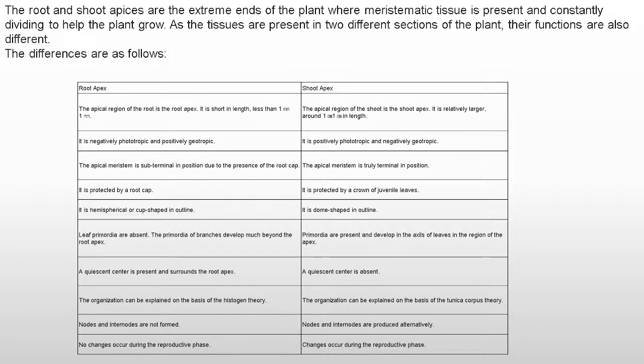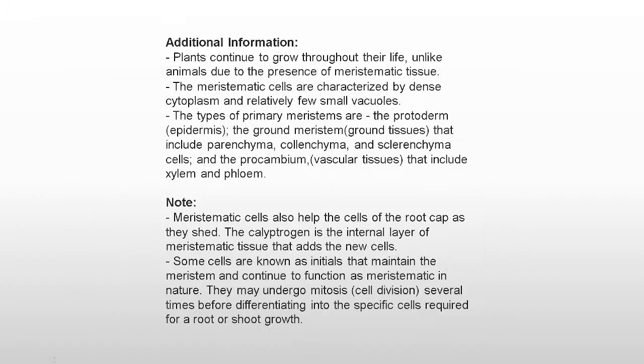Root apex is protected by the root cap, whereas shoot apex is protected by a crown of juvenile leaves. Root apex is hemispherical or cup-shaped in outline. Shoot apex is dome-shaped in outline. In root apex, leaf primordia are absent, whereas in shoot apex they are present. Okay, so these are a few points of difference as additional information that I've included here.